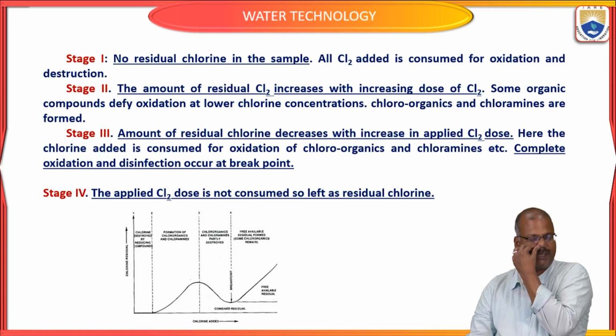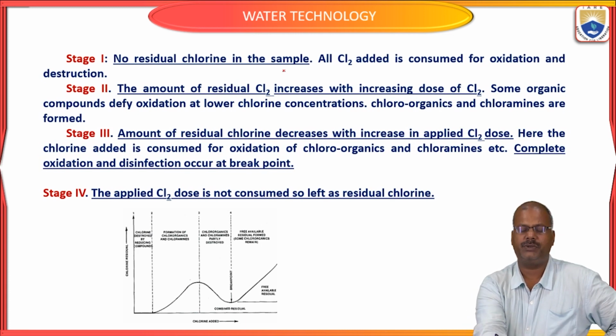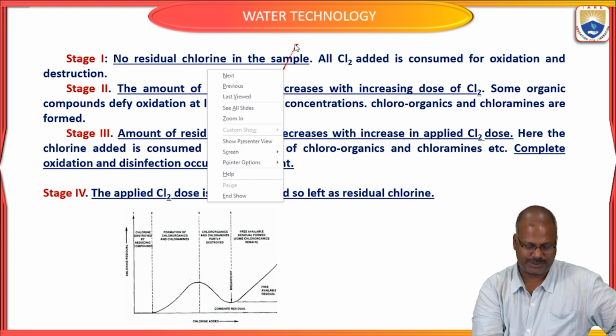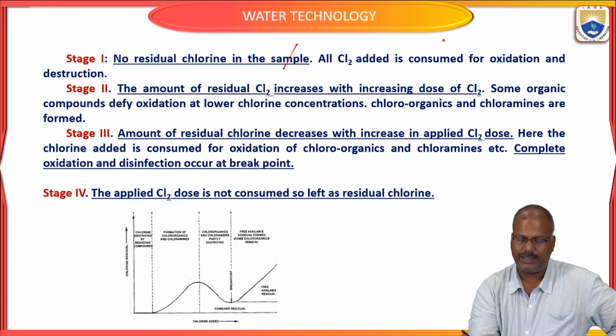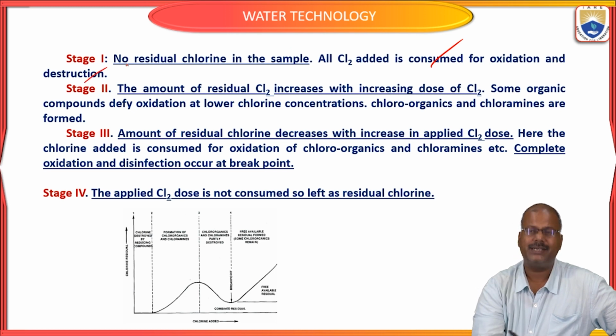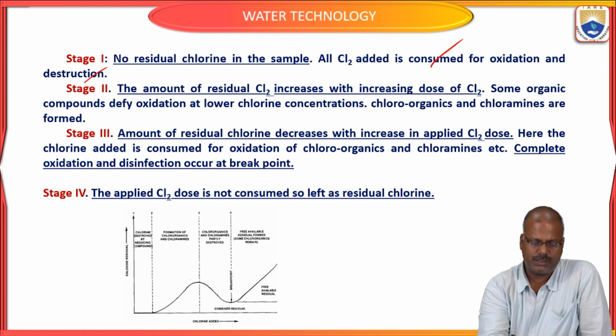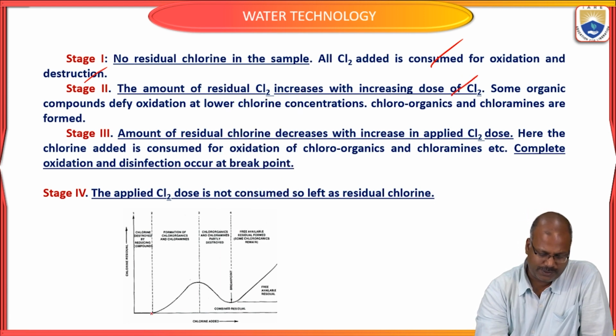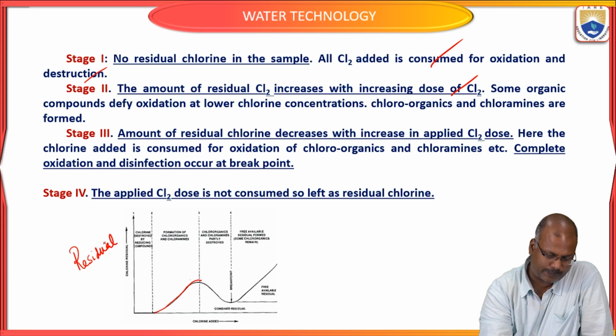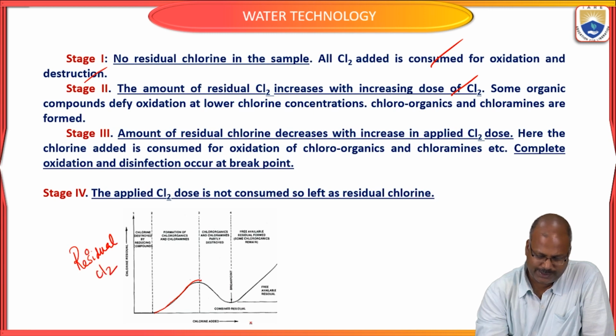As we discussed, in stage 1 there is no residual chlorine in the sample. All chlorine added is consumed for oxidation and destruction of chloroorganics and chloramines. In stage 2, the amount of residual increases with increasing dose of chlorine. The Y-axis is residual chlorine and the X-axis is chlorine added.